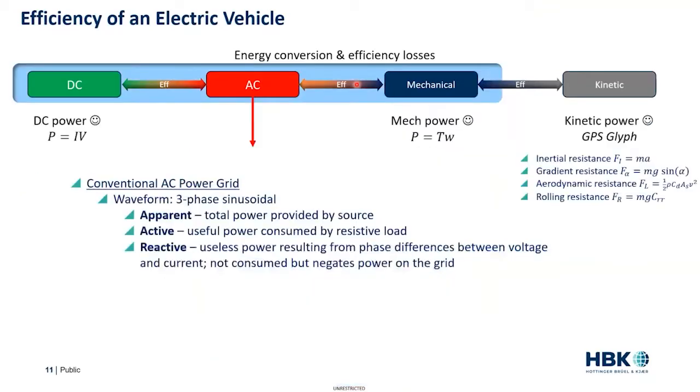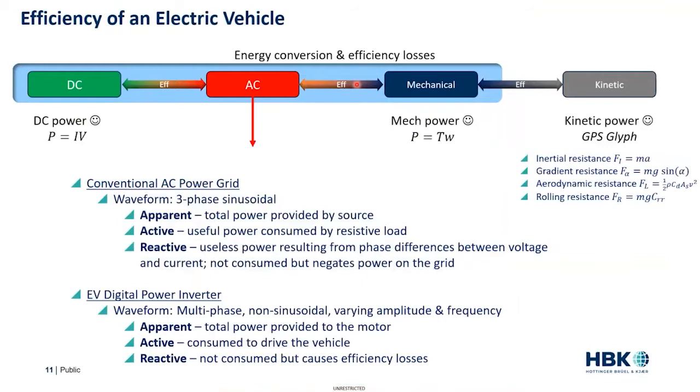Now, of course, when we're looking at AC power from an electric vehicle, it's not smooth and sinusoidal. It's actually done through a digital power inverter. So now the waveform, rather than being three-phase sinusoidal, can be multiple phases. They're definitely not sinusoidal. And the amplitude and the frequencies vary all the time. They're transient and dynamic. But as engineers, we still want to deal with the apparent, reactive, and active power.